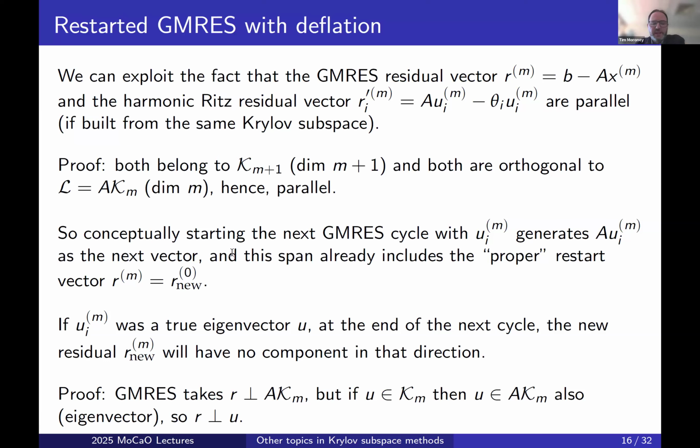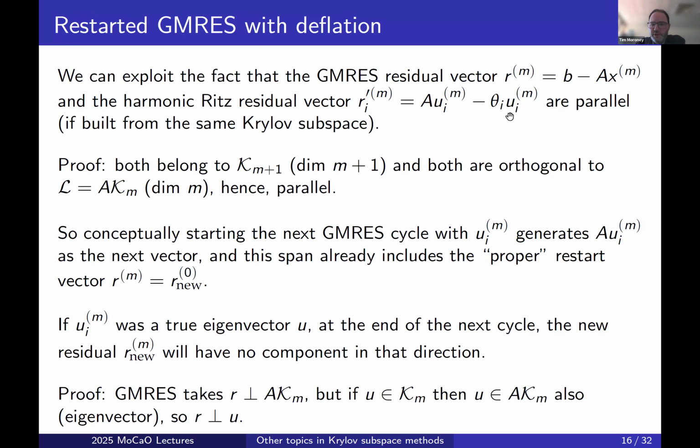All right, so conceptually at least, if we had started the next GMRes cycle with one of these Ritz vectors, then we multiply that by A as our next step, and this already includes the proper restart vector. Okay, so if we're restarting GMRes, the new residual at step 0 is the old one at step m, and the eigenvalue residual and the GMRes residual are just scalar multiples.